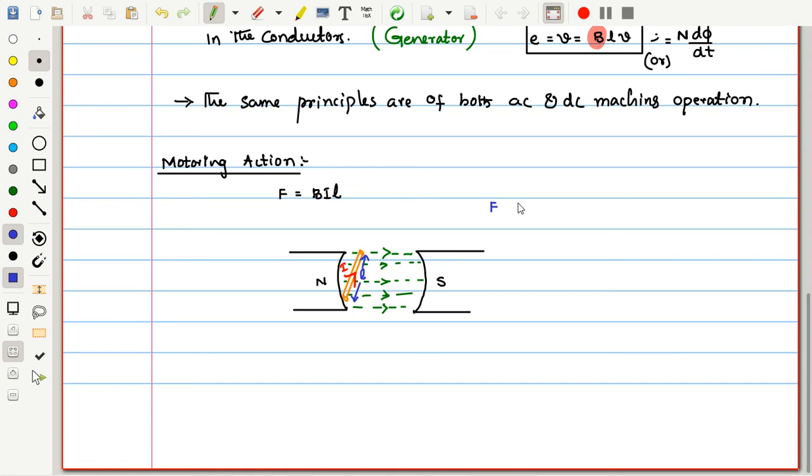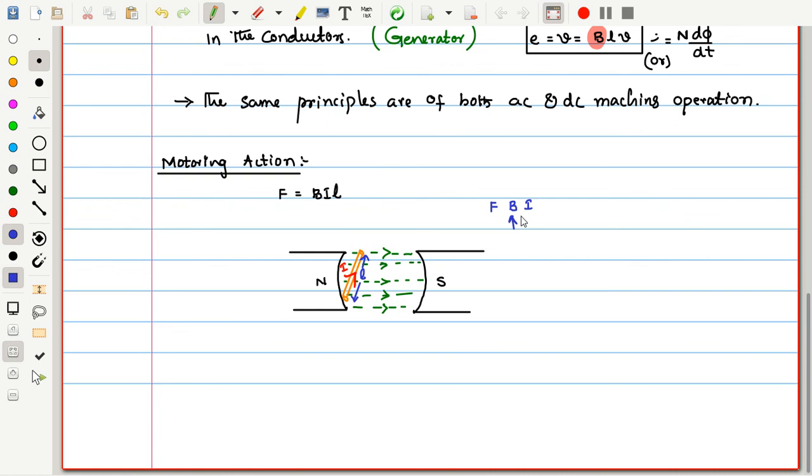First, the thumb represents the force developed on the conductor. The forefinger represents the flux direction and the middle finger represents the current direction. So you put your forefinger along the flux direction and middle finger along the current direction. Then see how your thumb will be. Can somebody point this out?